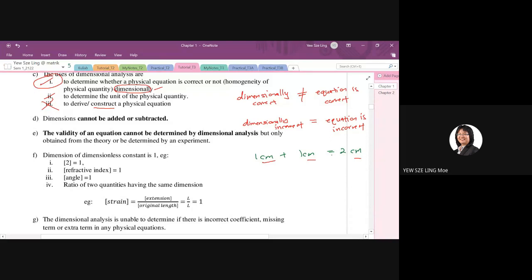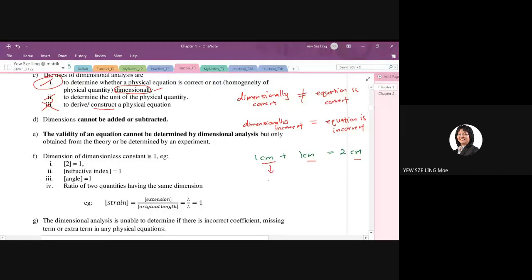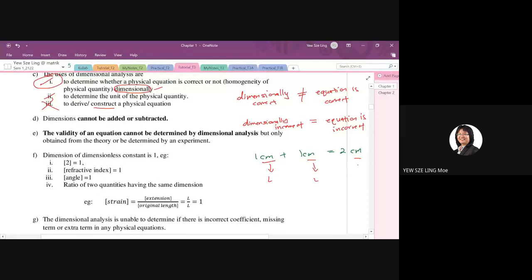No. That's why you cannot add or subtract dimensions. It won't be cm plus cm equals cm2. No, it's still just cm here. So you still have the dimension L. Therefore, you cannot add the dimension. It cannot become 2L. That is wrong. So dimensions cannot be added or subtracted.